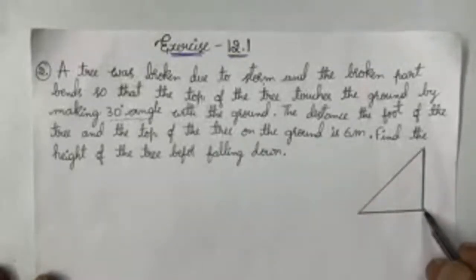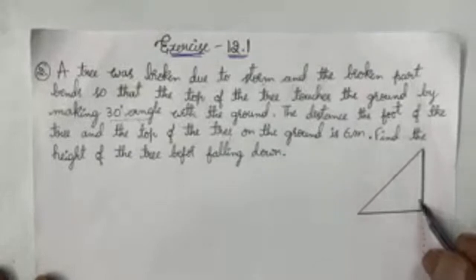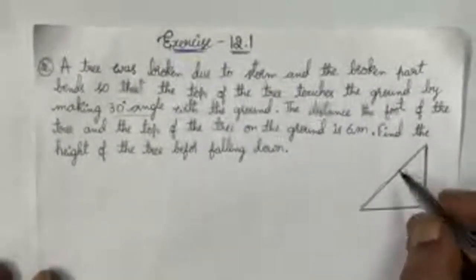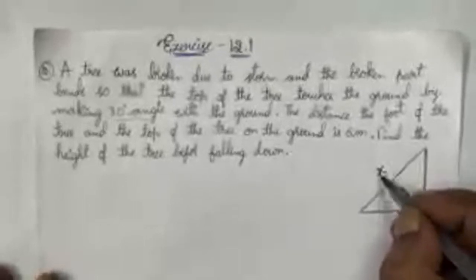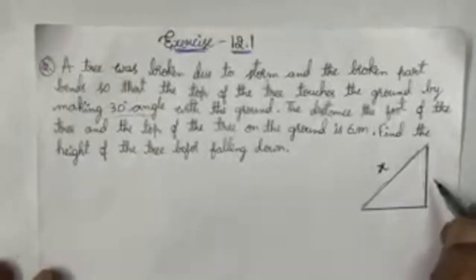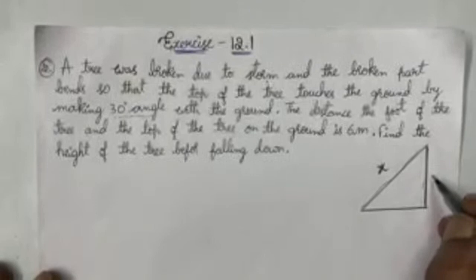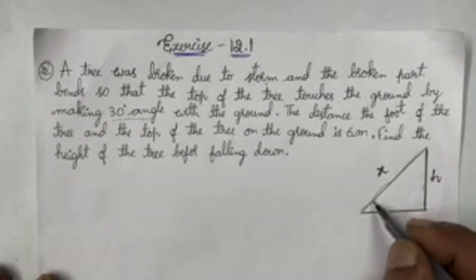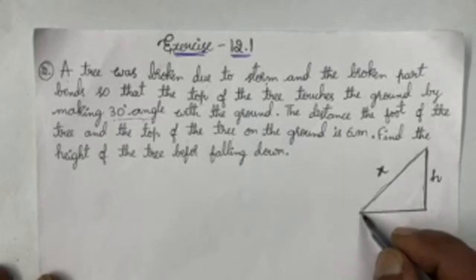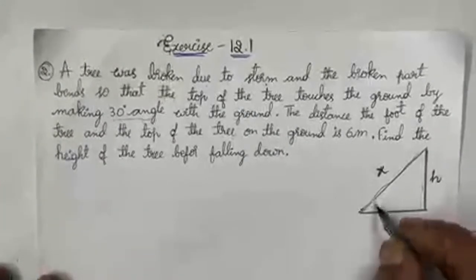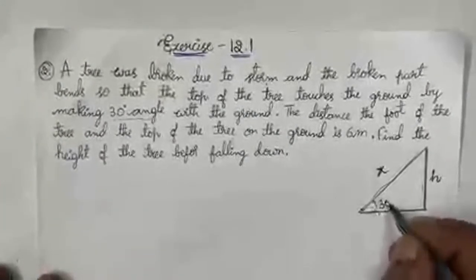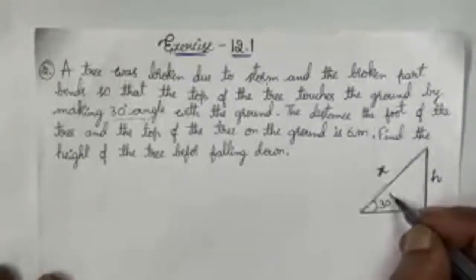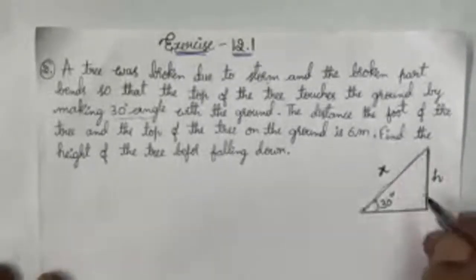That means this is originally the tree. This is the broken part of the tree, which I am taking as x. The remaining part of the tree I am taking as h. When this broken part bends down and touches the ground here, the ray of view makes an angle of 30 degrees.